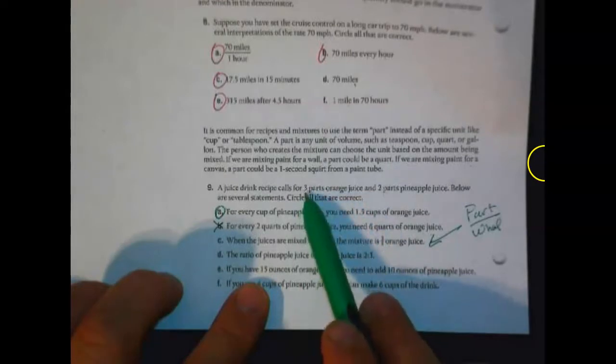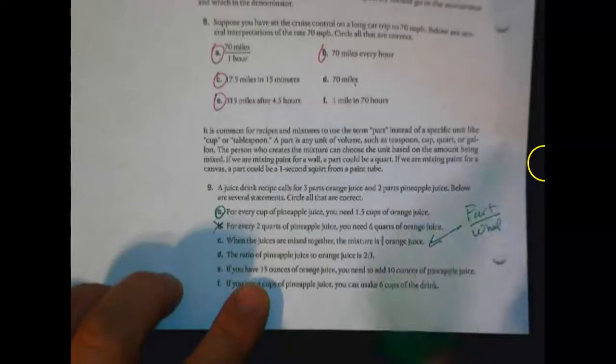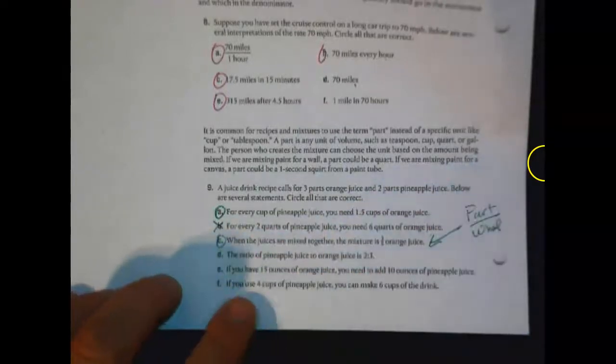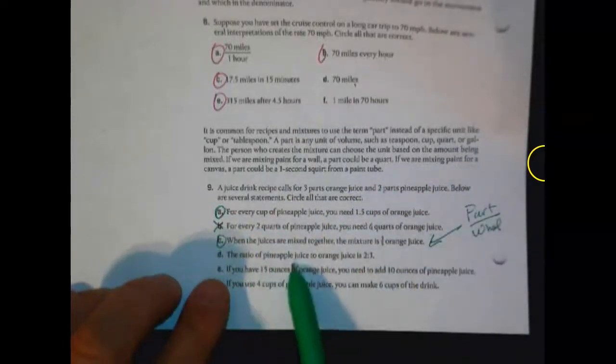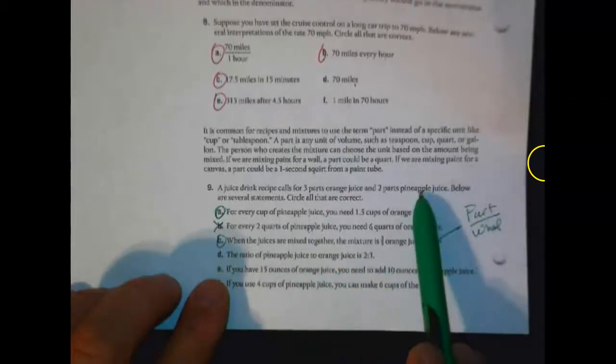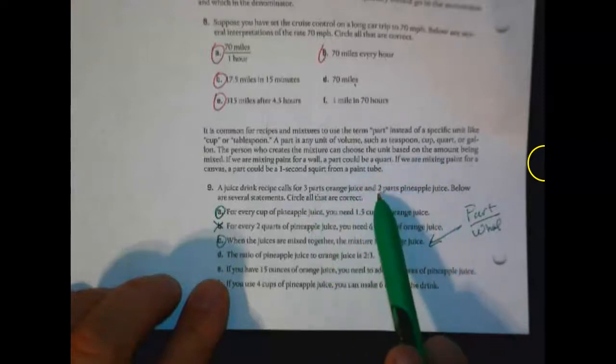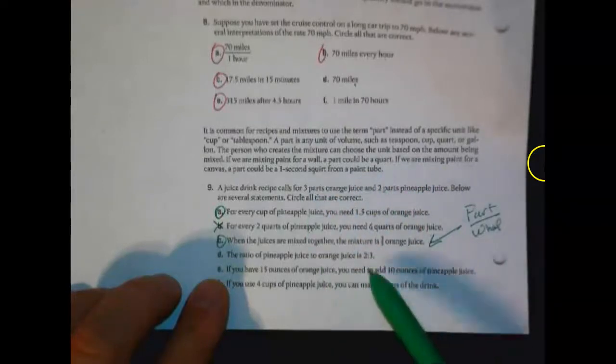My whole would be 5. And I do, so this one's true. The ratio of pineapple juice to orange juice is, now this time they want pineapple to orange, so it's going to be 2 to 3. So that's correct.